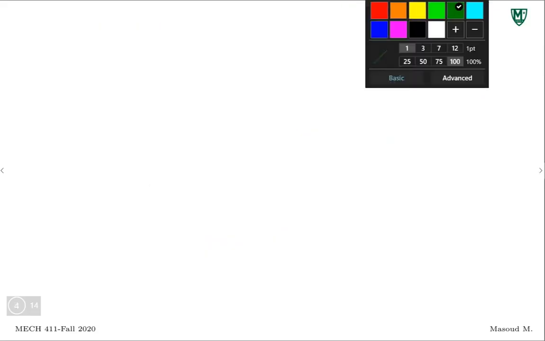So what I'm trying to say is that, always, graphs can be helpful. So if I say system response, let me write it this way: system response is equal to transient response plus steady state response.